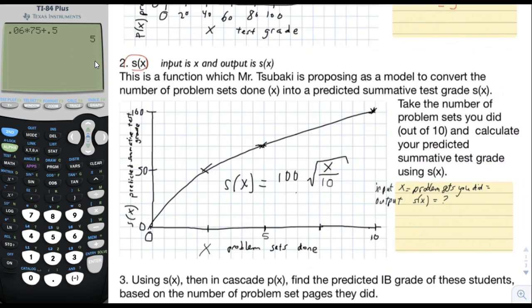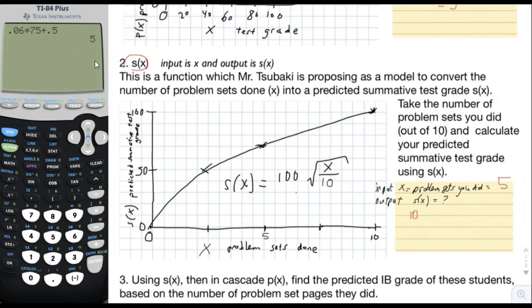All I knew was how many problem sets I did. So let's say I did about 5 problem sets. So my x, the number of problem sets I did, is 5.